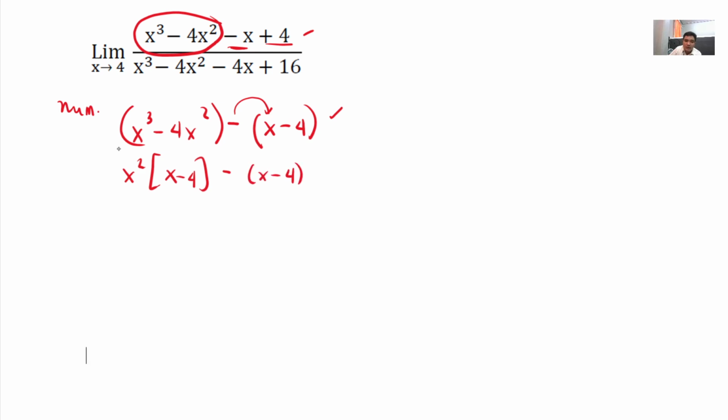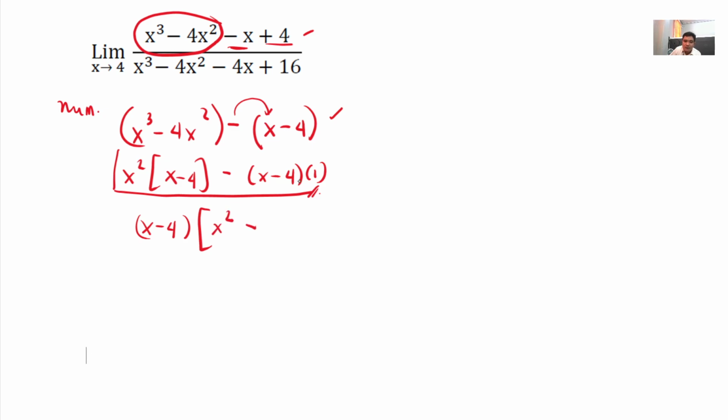Kung makikita mo dito, class, merong magkaparehas which is x minus 4. I can bring out x minus 4. Diba? Parang ito, ang dating nito, class, is times 1 yan. Okay? So, I will bring out x minus 4 as common to both of them. So, x squared times x minus 4 divided by x minus 4, may maiwan na x squared.